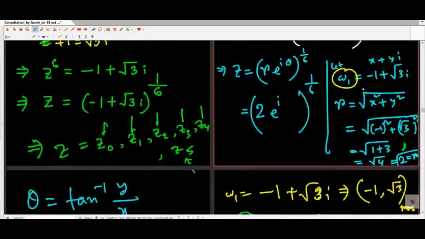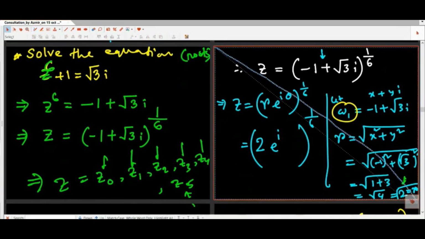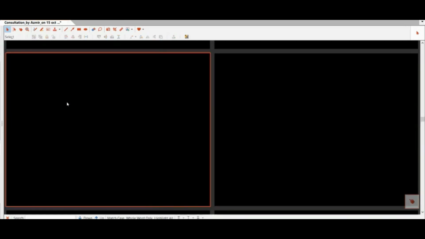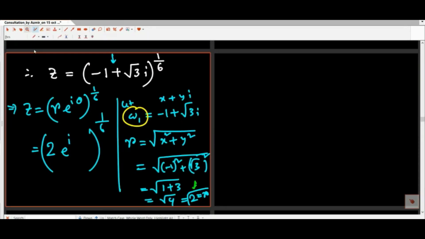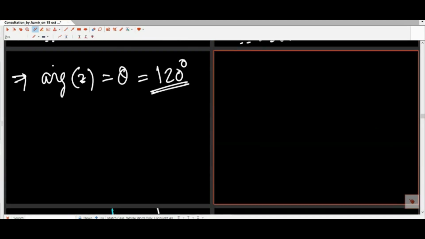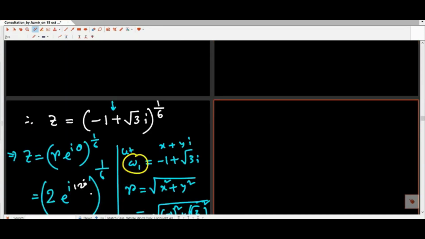So now let's get back to our work. We need to find all the solutions. We just need to input now the angle theta, that is 120 degree. We can just replace it by 120 degree.